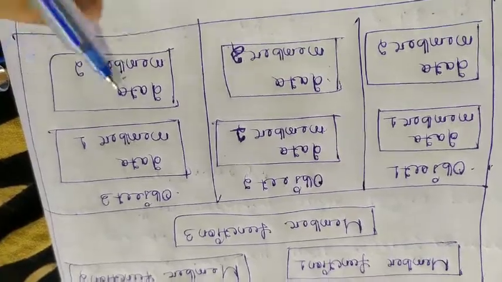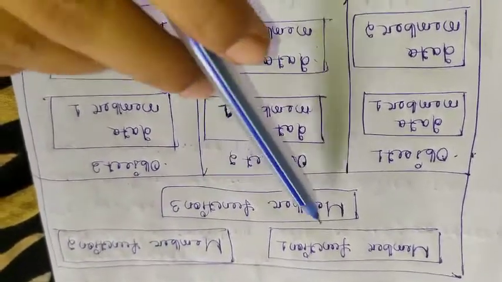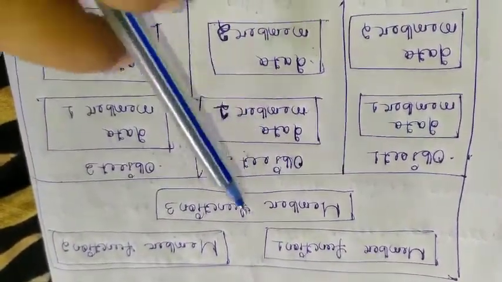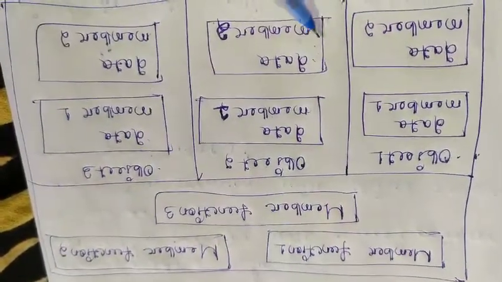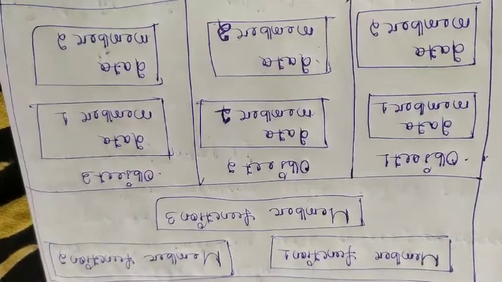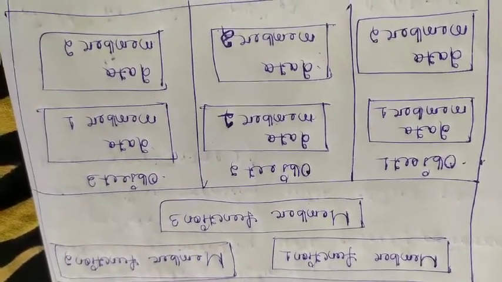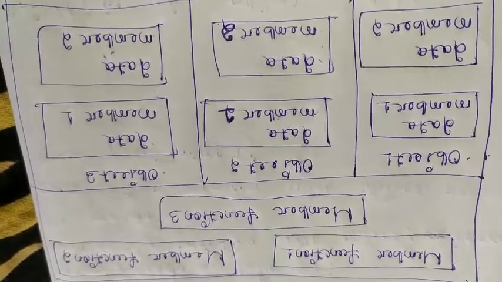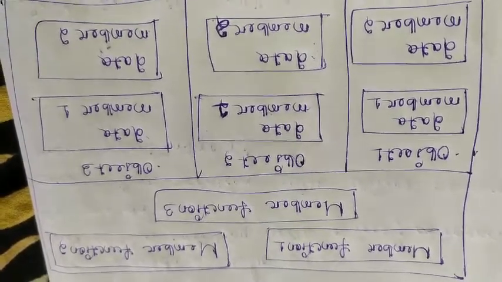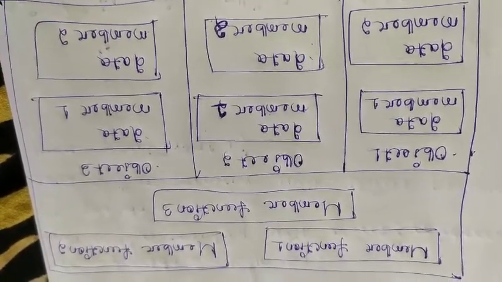Let's take an example where we have three member functions of one class and three objects. As we know, when we define a class, the member functions are created and placed in the memory space only once.